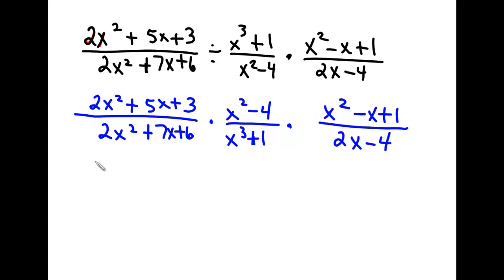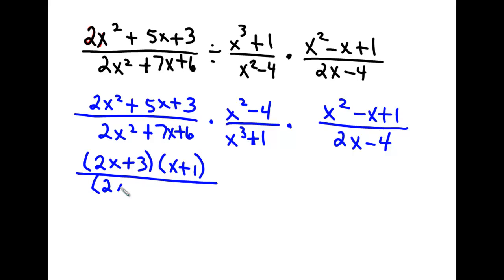The numerator factors to be 2x plus 3 times x plus 1. The denominator factors to be 2x plus 3 times x plus 2. In the second fraction, this is a difference of two squares, so that's x plus 2 times x minus 2.